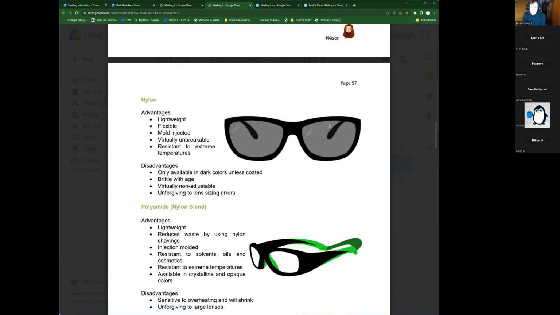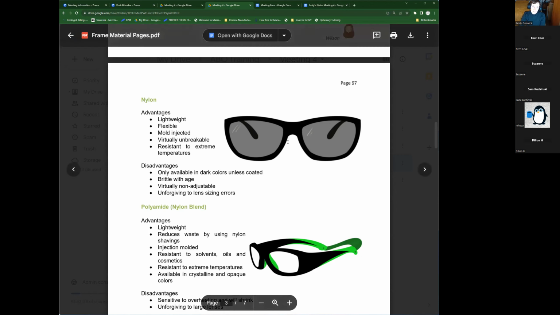I know Oakley does a lot of injected ones. We do have some Oakleys you could probably see, or sometimes it'll even say on the frame that it's injected. Basically, the material is melted and then put into a mold rather than cut from a sheet of acetate. Those are more flexible and tend to be lightweight, so those are the advantages.